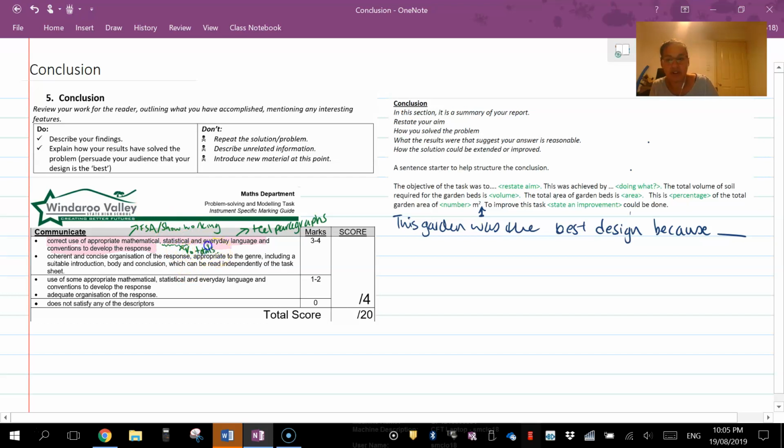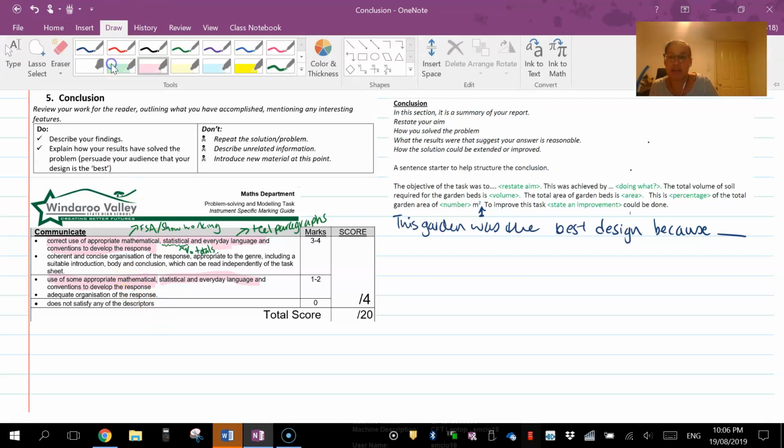Now, if you're given mathematical, everyday language, that means to develop a response. It just means that you are trying to attempt paragraphs or your FSA, but you might have done one of these and not this one. It's just if you're not hitting the mark in terms of being consistent.